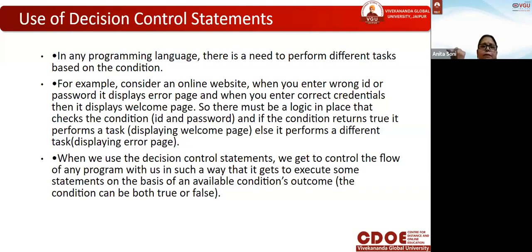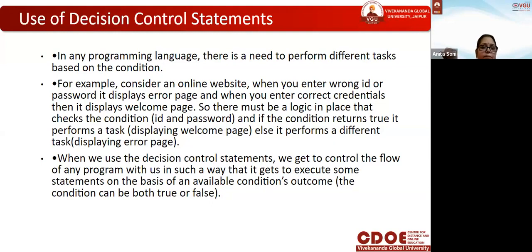Why do we prefer decision-making statements? Suppose you are writing an application program, or you are designing a website. There is a first page, and you would allow your website only to those users who are authenticated. Authenticated user means they have authorization, an access right.